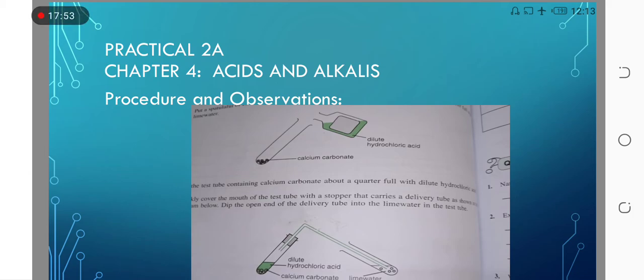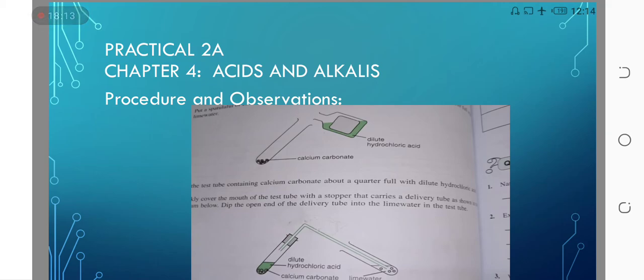We have observed that white precipitates are formed. And now we have to write the name of the gas produced during the reaction of dilute hydrochloric acid with calcium carbonate. The gas that is produced is carbon dioxide.